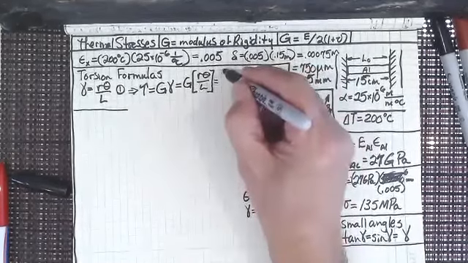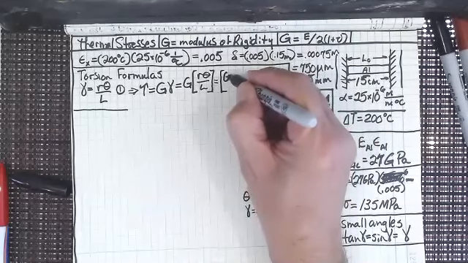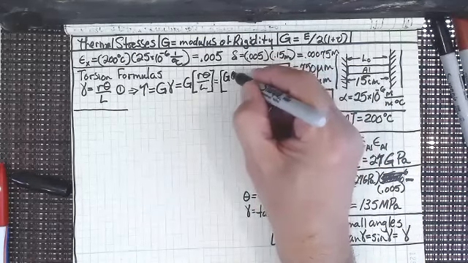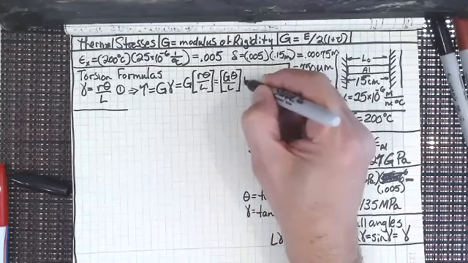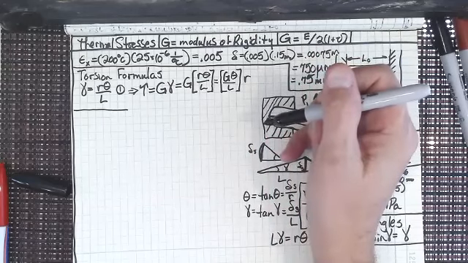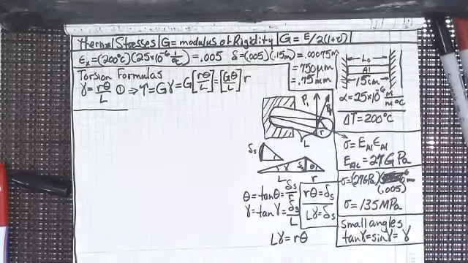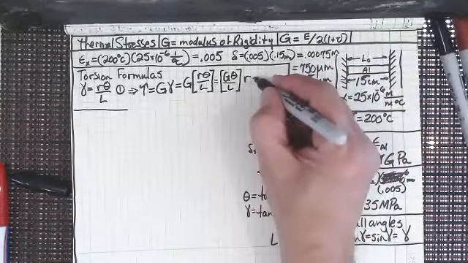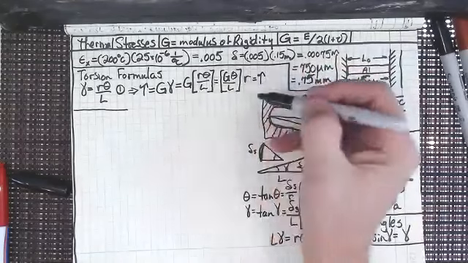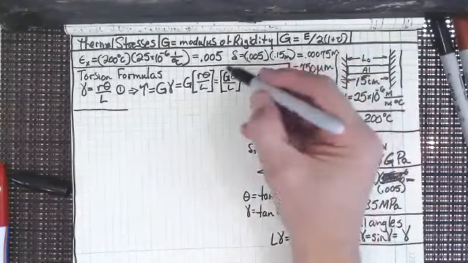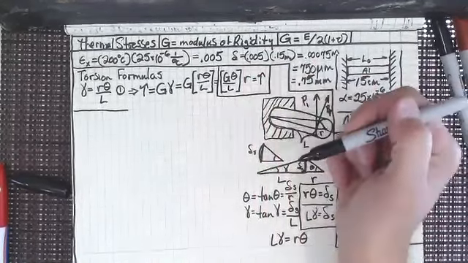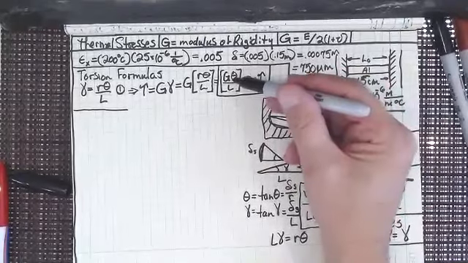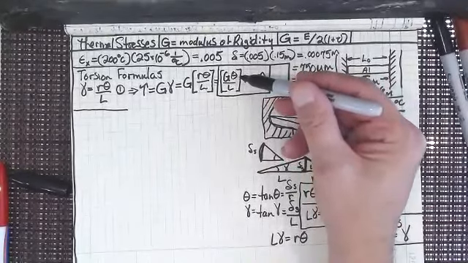This is G times theta divided by L, times R. G theta over L times R. And of course, what that equals is my shear stress. I put it at the end so that we have an equation for the shear stress in these terms.